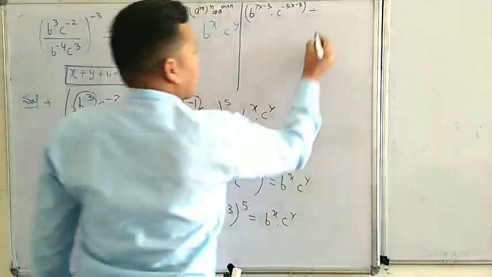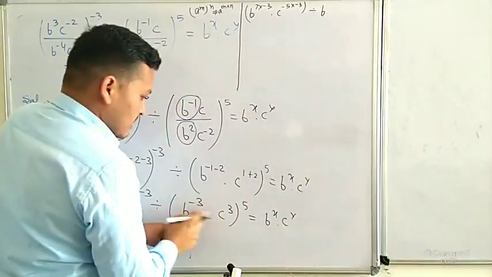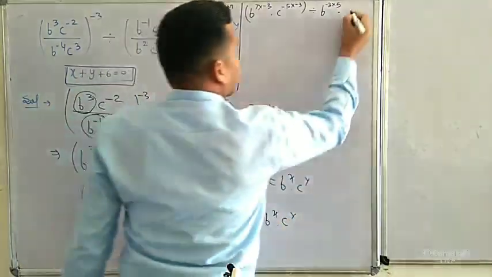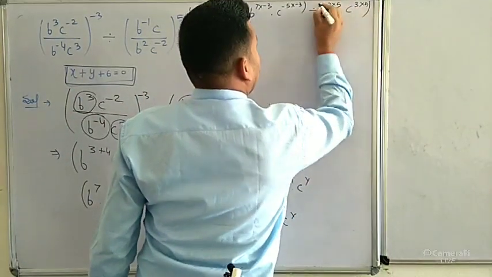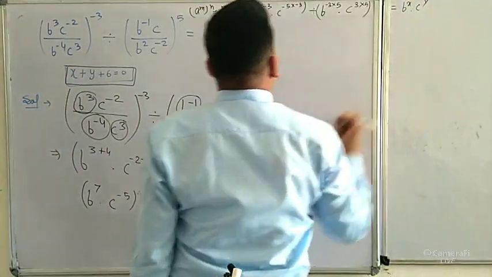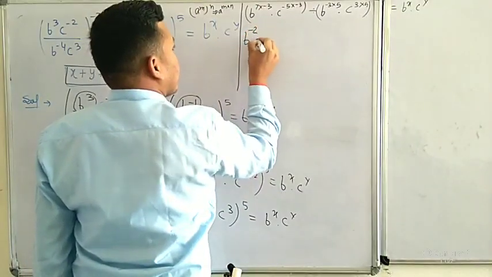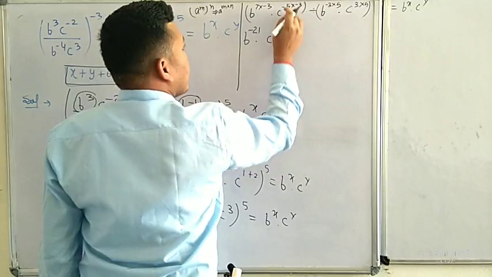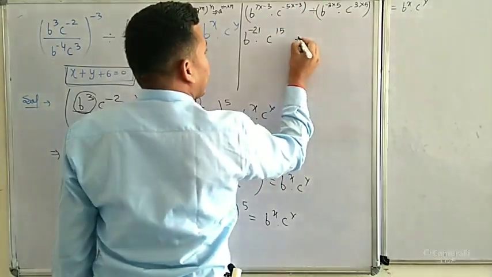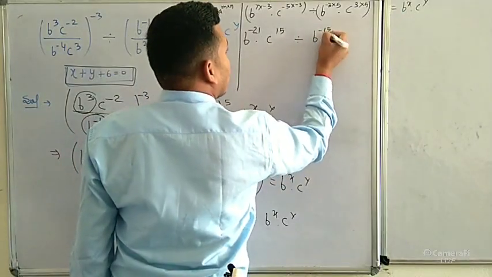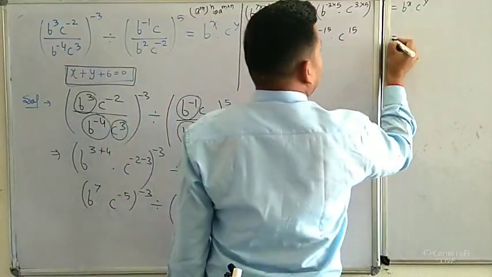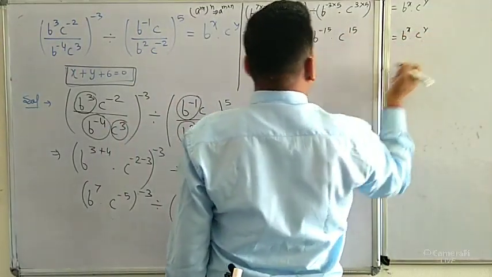by b to the power -3, तो b to the power -3 and 5 तो -3 into 5 into c to the power 3 into 5 and is equal to what is in the right hand side b to the power x into c to the power y, okay, तो b to the power -21 into c to the power 15, divided by b to the power -15 into c to the power 15, okay, is equal to b to the power x into c to the power y.